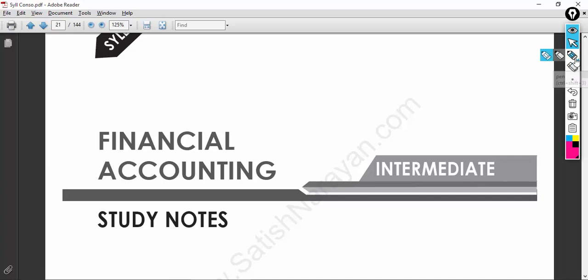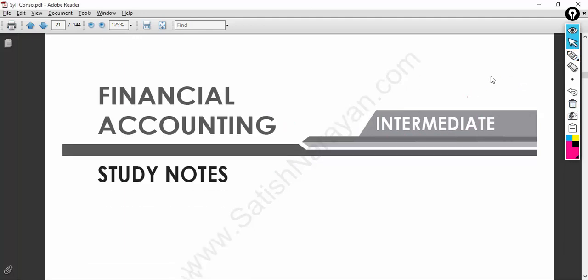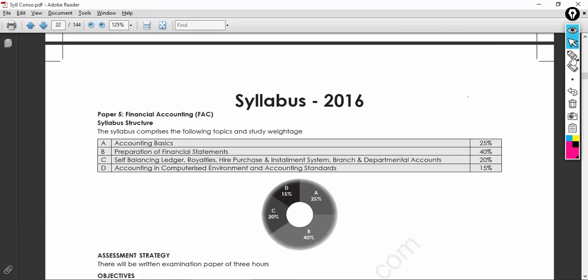So having said that, if you see the financial accounting for the intermediate, we have around 25 marks allotted for the accounting basics. Remember, basics are very important. You might have already studied in your graduation, plus one, plus two, or in case you come from the foundation level, you might have studied some of the concepts with regards to accounting.